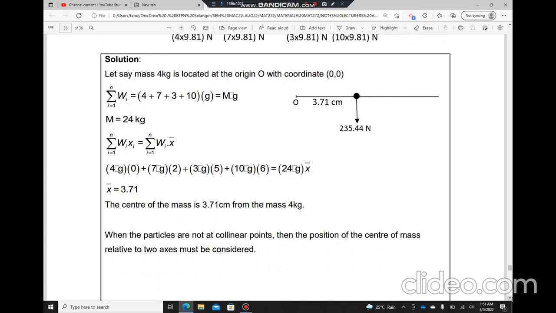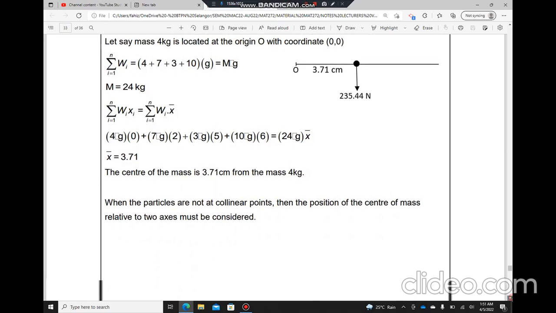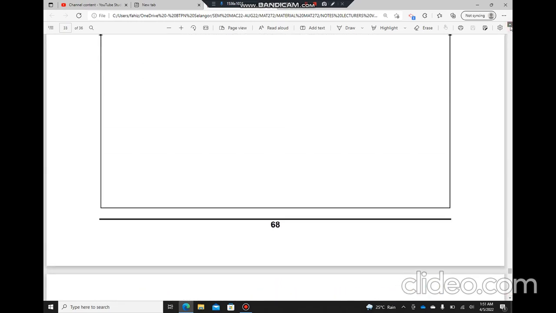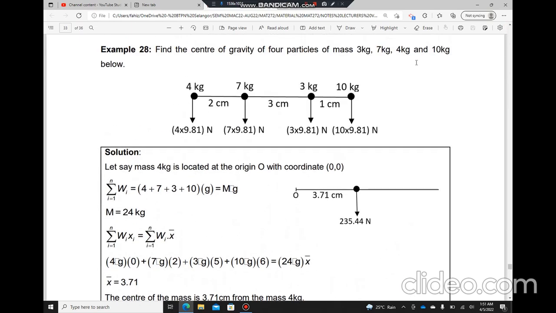When the particles are not at collinear points, then the position of the center of mass relative to two axes must be considered. Okay, tapi dalam kes ni dia cuma ada X, sebab dia cuma kita consider yang ni X axis sebab dia memang dah selari kan.